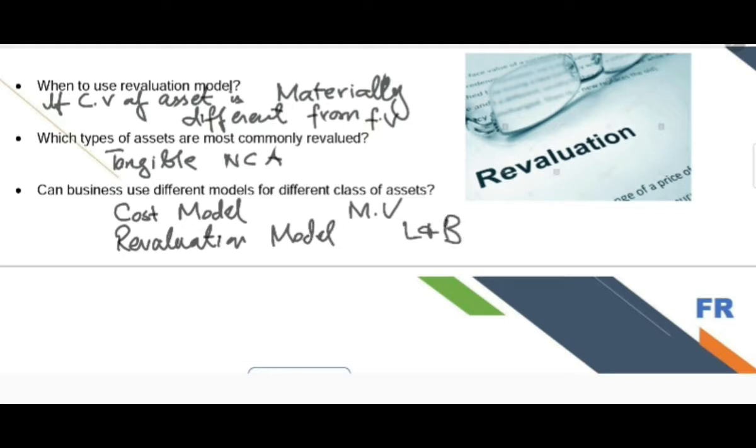Is that possible? Answer is yes. You can use different model for different class of asset. Land and building is another class of asset. Motor vehicle is a different class of asset. So for motor vehicle you can use cost model, and for land and building you can use revaluation model.